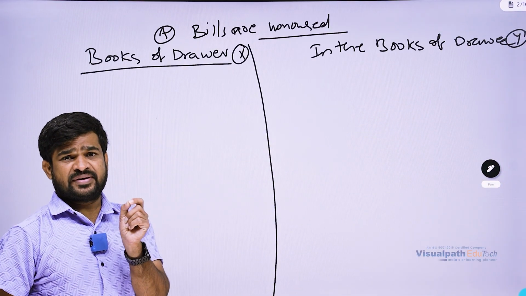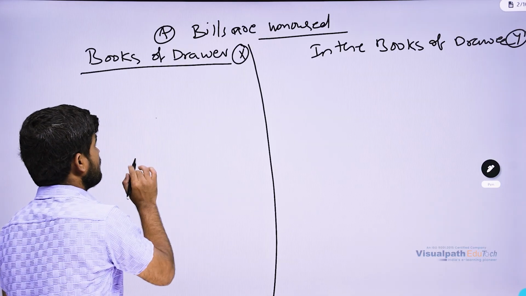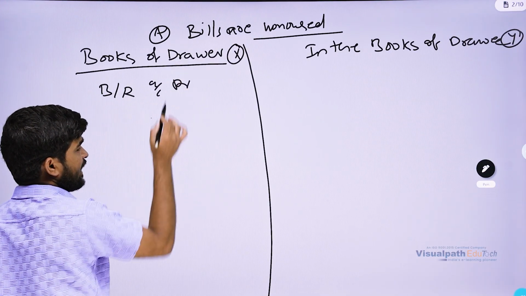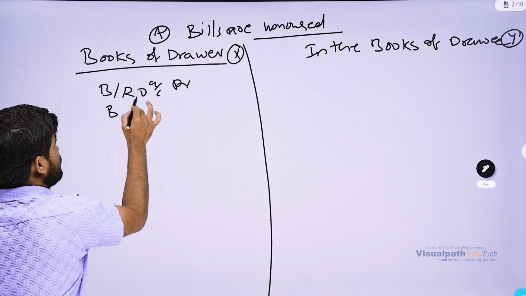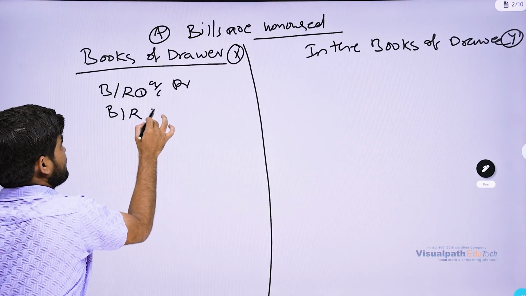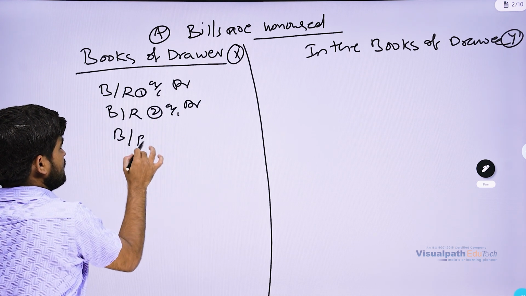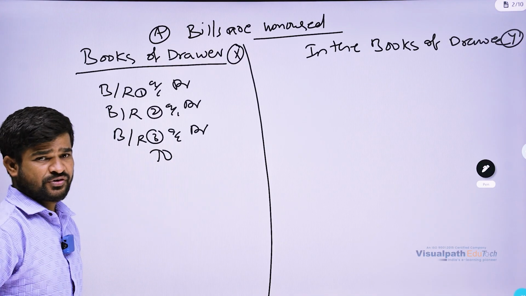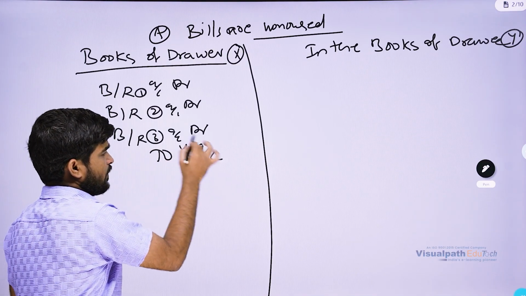Now when the three bills are drawn, what will be the entries first? Simple entry in the books of drawer: bills receivable account debit. We can take each bill separately: bills receivable 1 account debit, bills receivable 2 account debit, bills receivable 3 account debit, to Y. On whom has he drawn the bill? On the name of Y, so Y account will be credited.